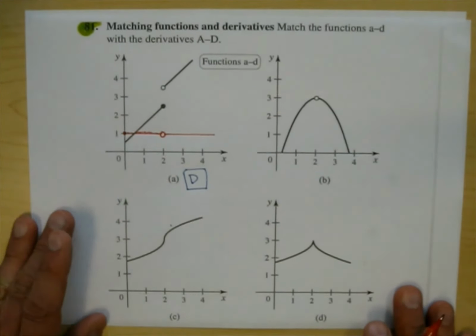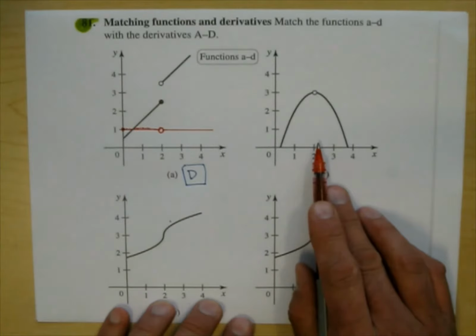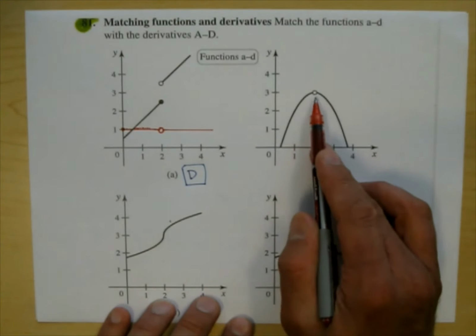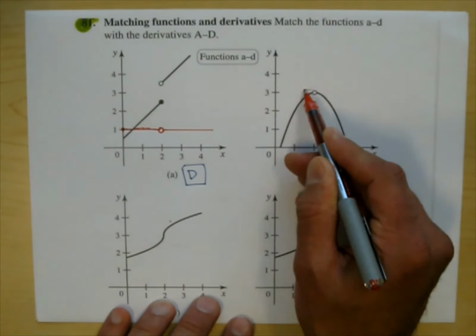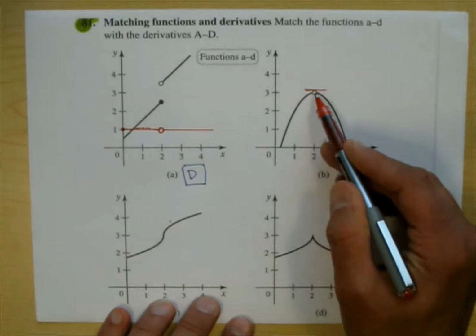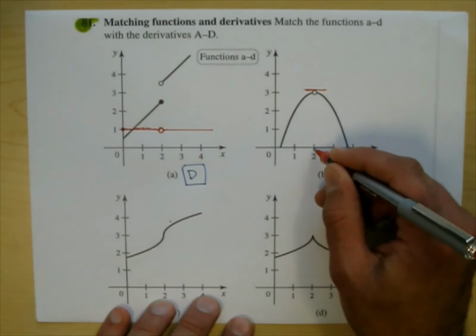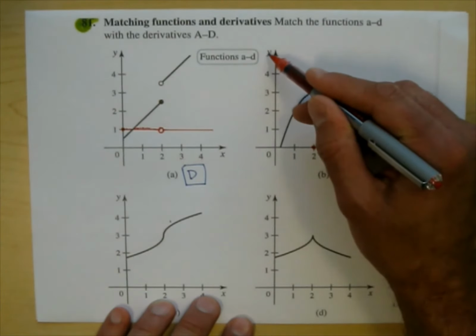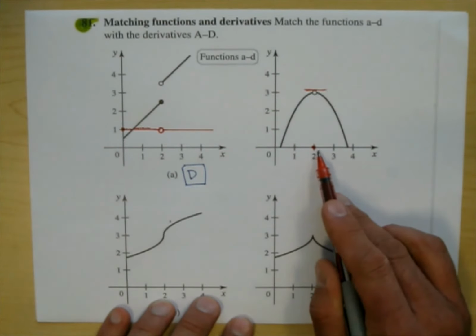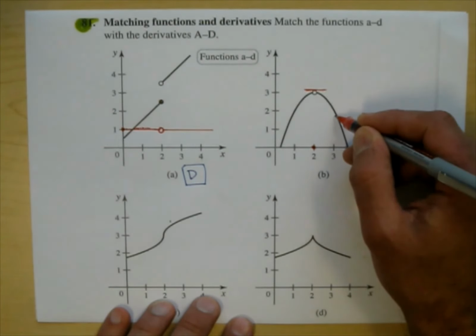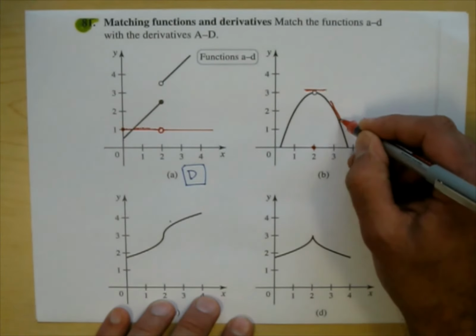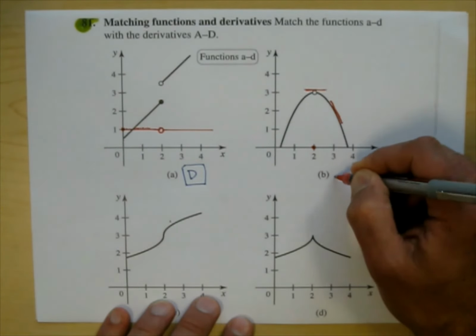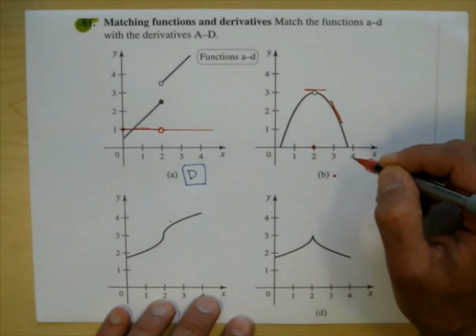Okay, now we have something that looks like a parabola. And there's a hole in that parabola, but let's just assume the hole is not there. If the hole was not there, then that would have slope of 0. So I'm going to put that right there, and we're going to pretend like the y-axis is the slope axis. And then right here, like at 3, this looks like it's a negative slope. Maybe -2.